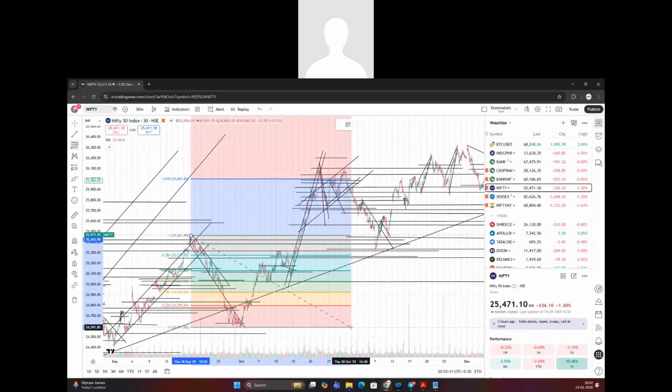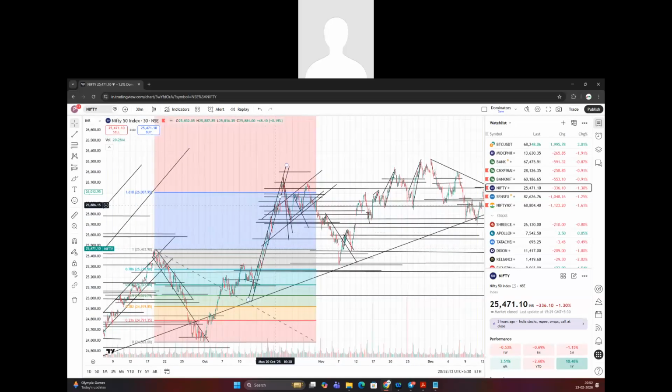High. Low. See. As soon as it crossed 1, it started moving up to touch 1.618. From there, reverse.